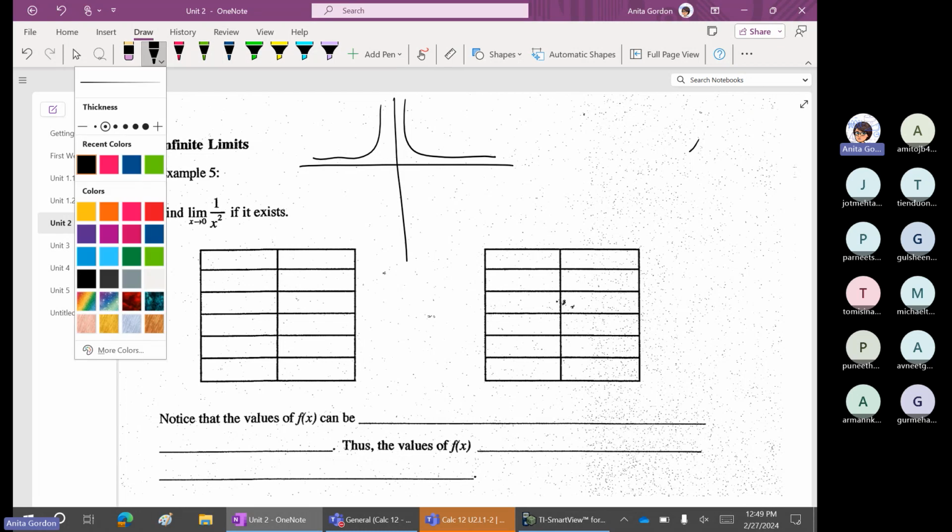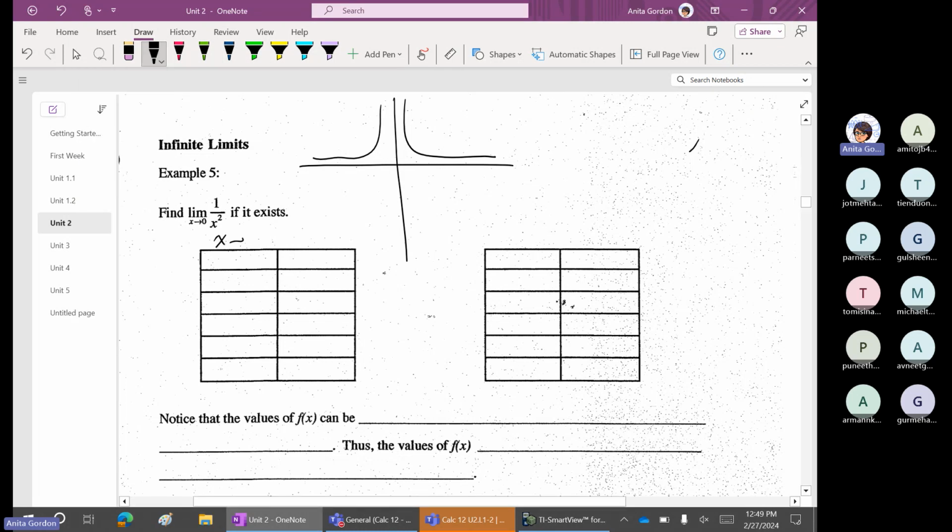So we want to look at approaching 0 from the left, approaching 0 from the right, and your f value is going to be 1 over x squared. So again, from the left, 0.1, 0.001, 0.0001, extra 0 there. I'm going to give you a tip here.